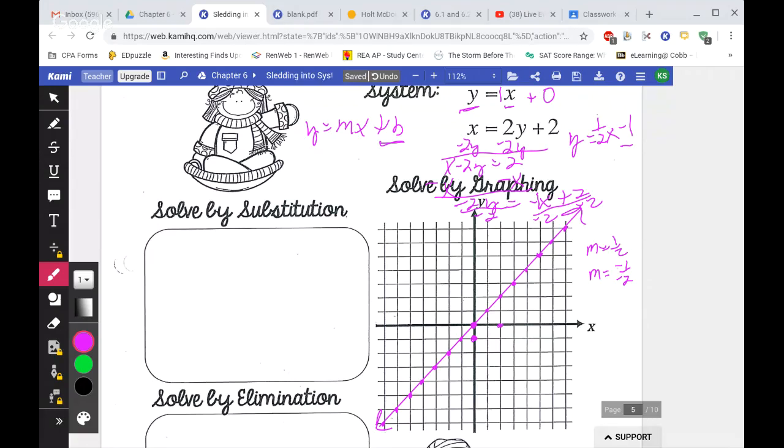Up 1, right 2. Up 1, right 2. Up 1, and I've run out of space over here. So if I go down 1, I've got to go left 2. Good news. I hit one of my other dots. So this is going to be where the solution is. So down 1, left 2.